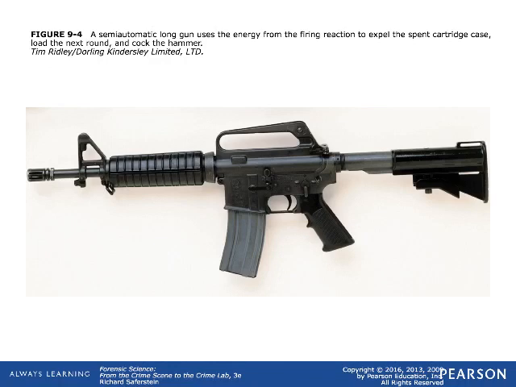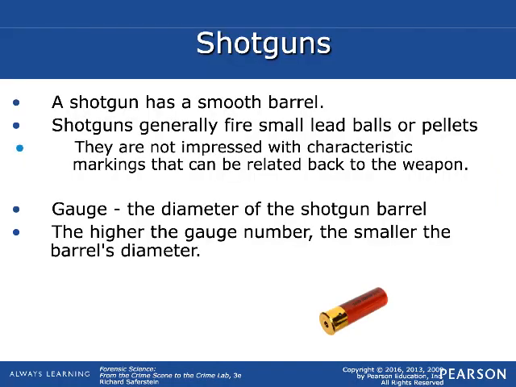With the semi-automatic, you're going to use the energy from the firing reaction. One thing's going to go forward, another thing's going to come backward, and that's going to expel the cartridge case and load the next round and cock the hammer, so you can fire faster, rather than having to move the bolt to advance the bullet.